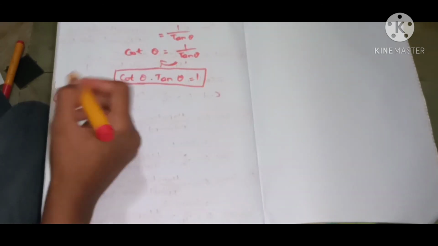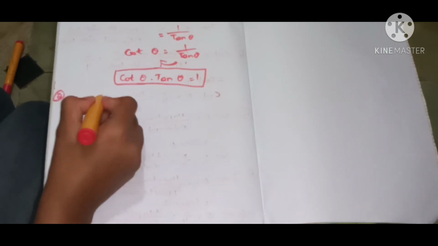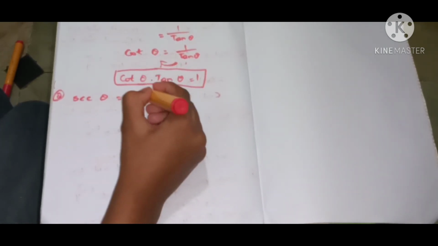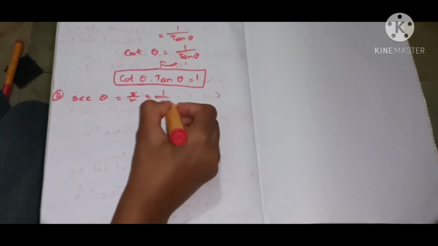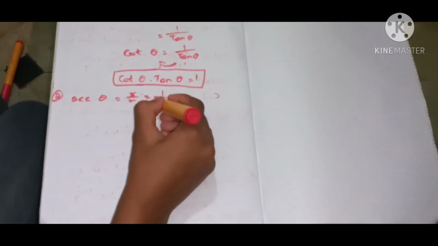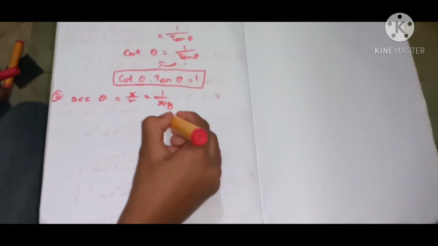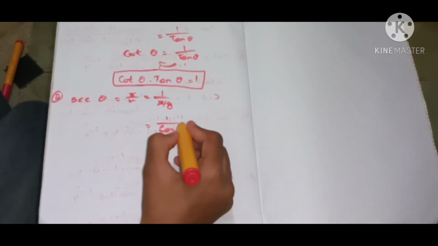Second one, sec theta, we know that r by x. Then when we divide 1 by r by x, we get x by r, which is known as cos theta, so 1 by cos theta.